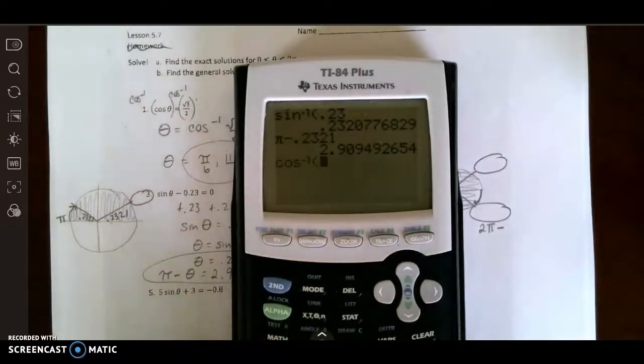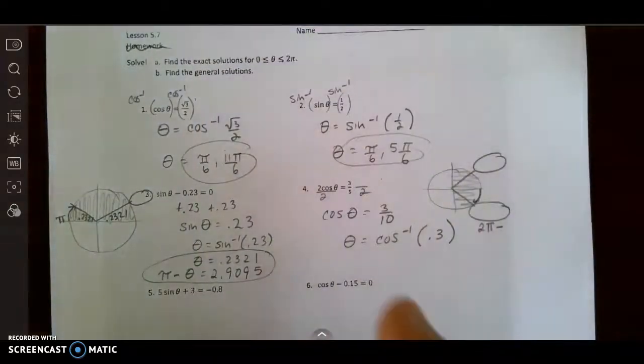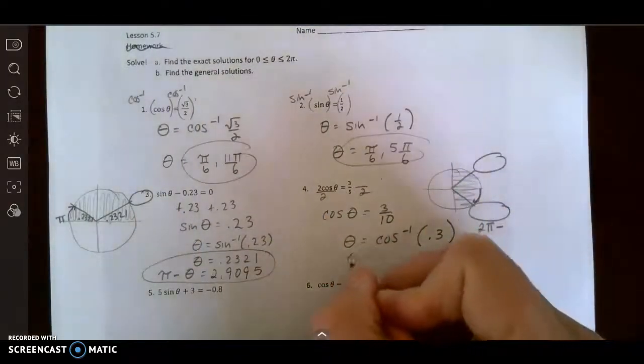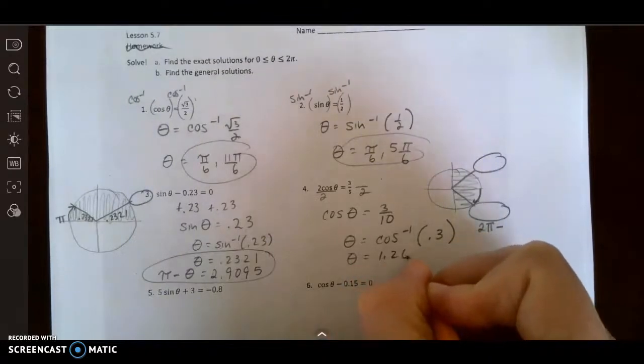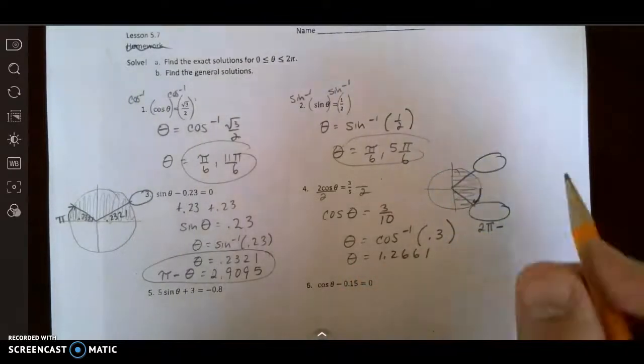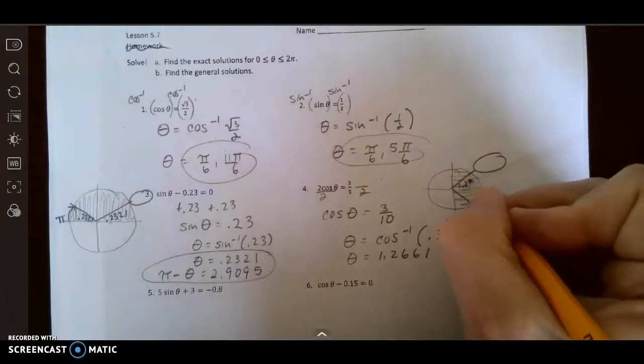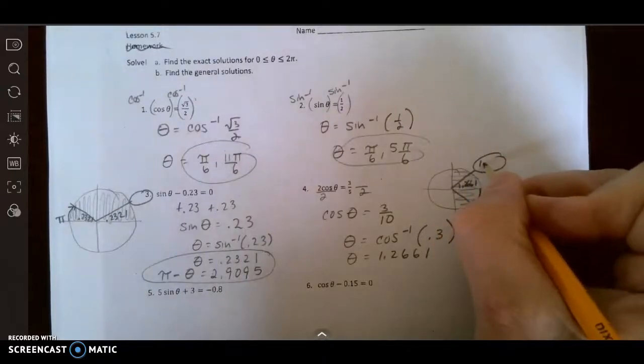All right, so I'm going to use the calculator. Inverse cosine, 0.3, and I get 1.2661. So this is 1.2661.